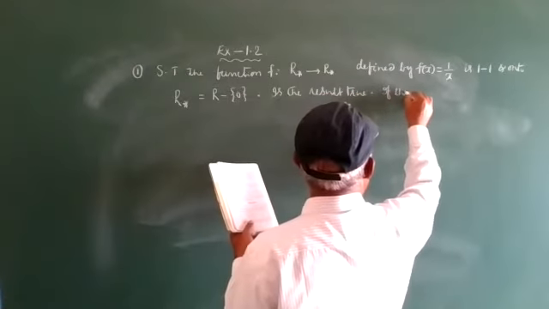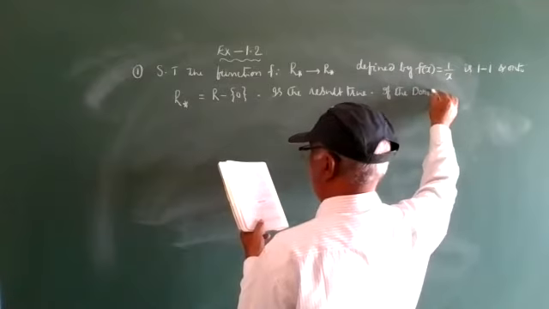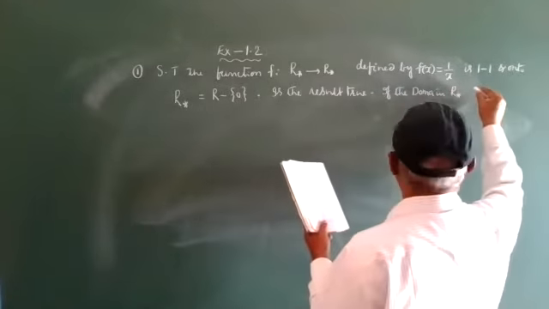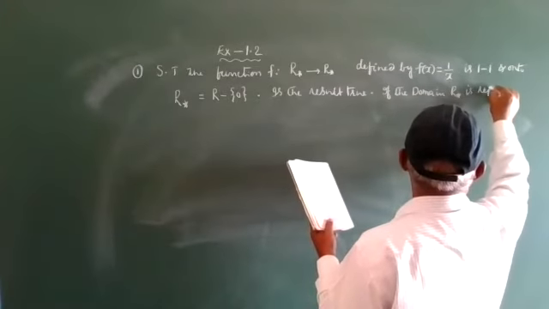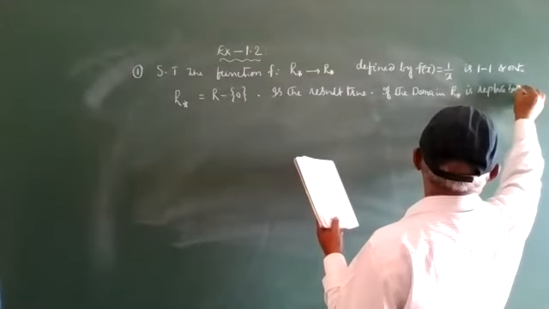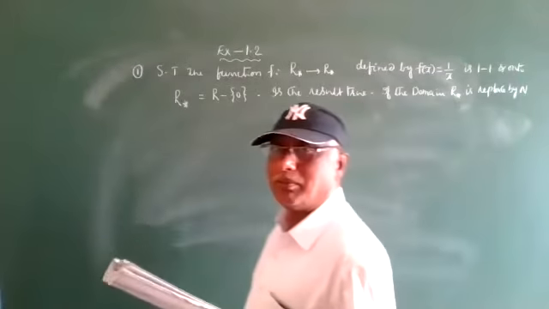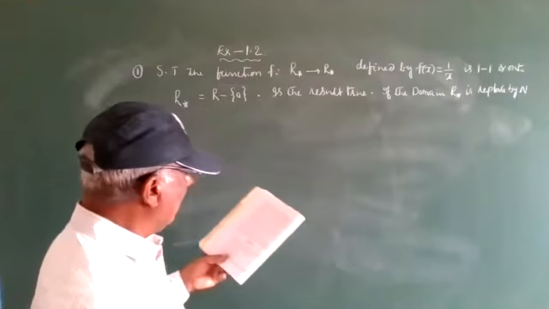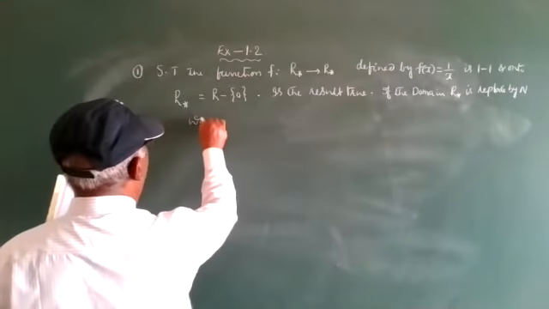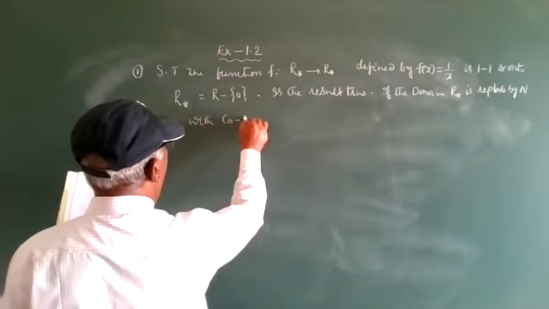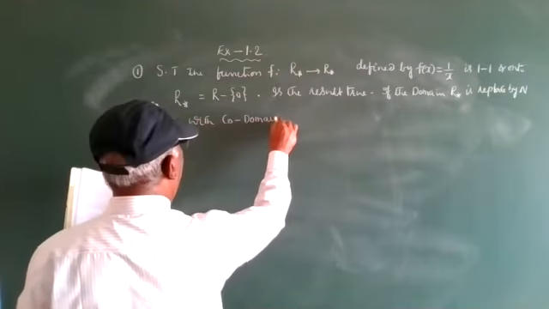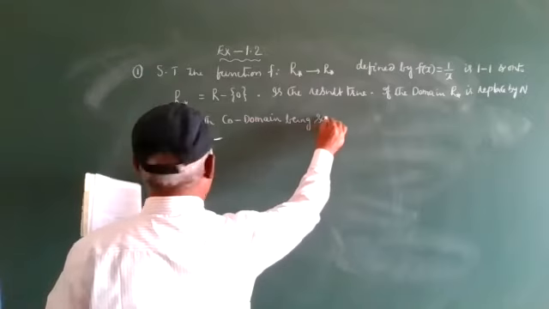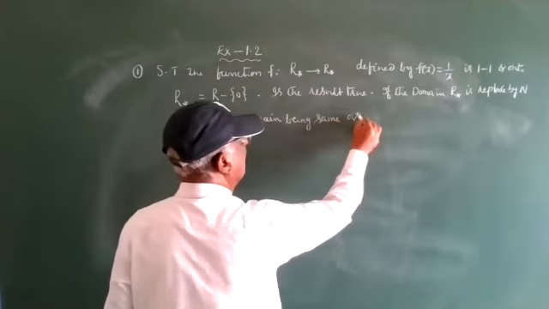If the domain R star is replaced by N, natural numbers, with the codomain being the same as R star.